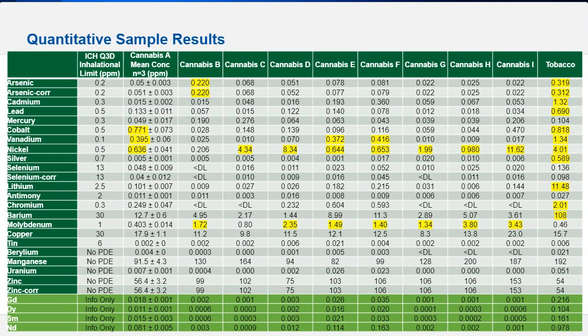Common over limits were with nickel and molybdenum. I find it really interesting and suspect it's due to elevated levels in, I'm thinking, the fertilizers they're using. For information purposes at the bottom, I've also included the rare earth elements that were determined.